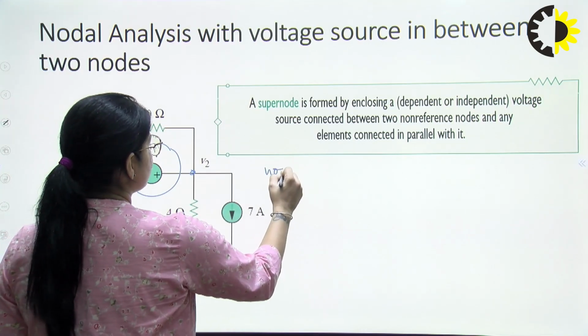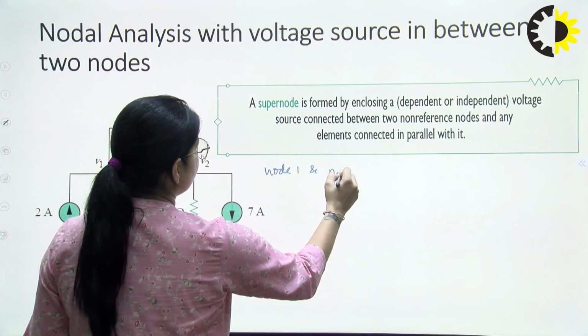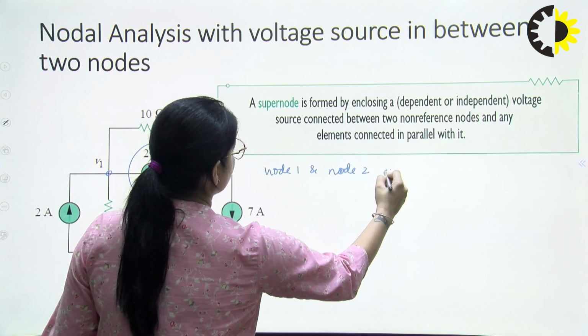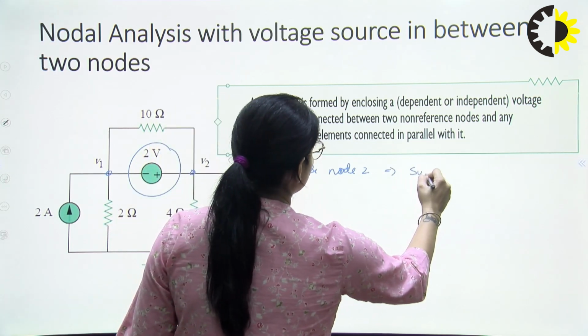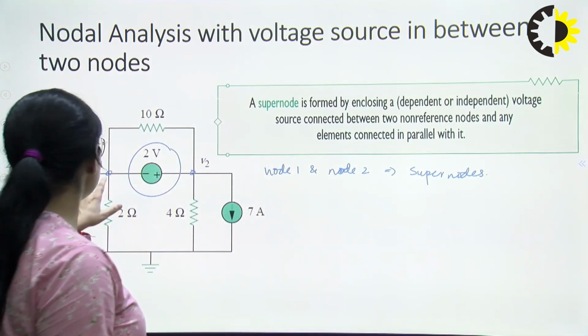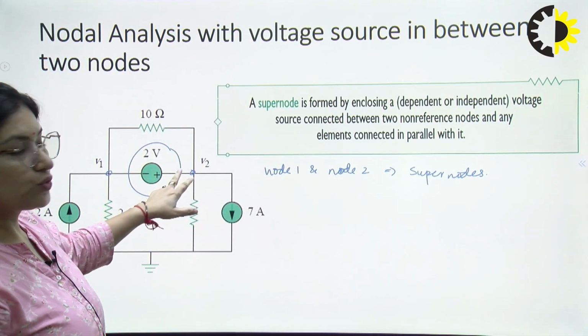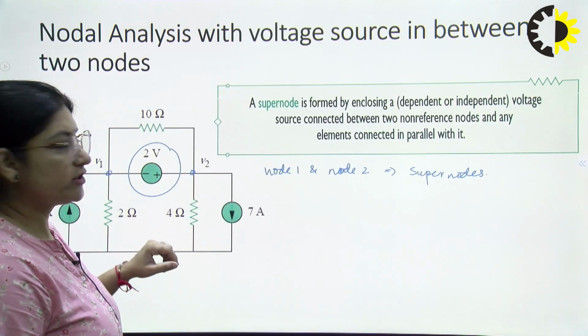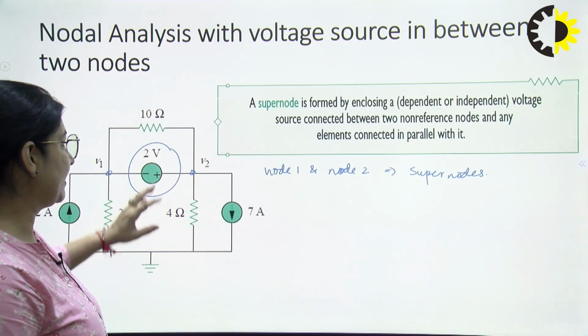So what we can say, node 1 and node 2 are super nodes. So super nodes are those nodes in which between the 2 nodes there is a voltage source. The voltage source can be dependent or independent.